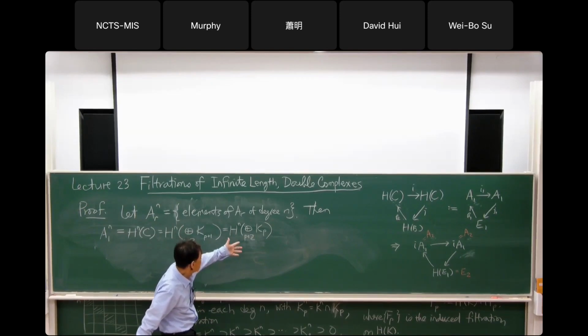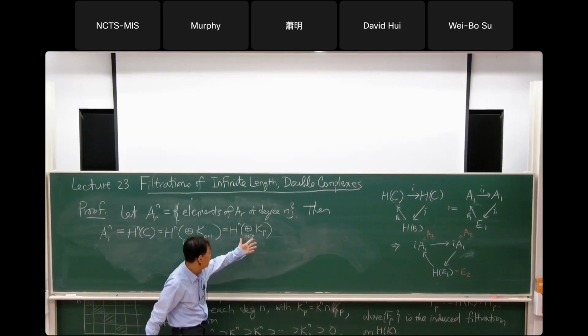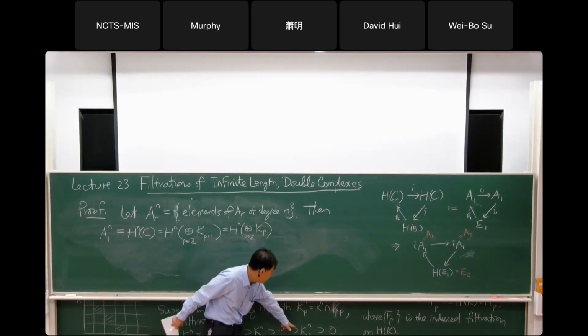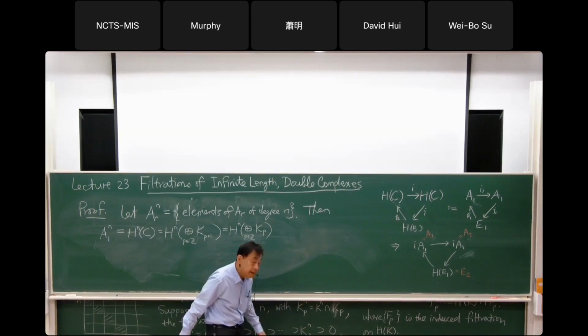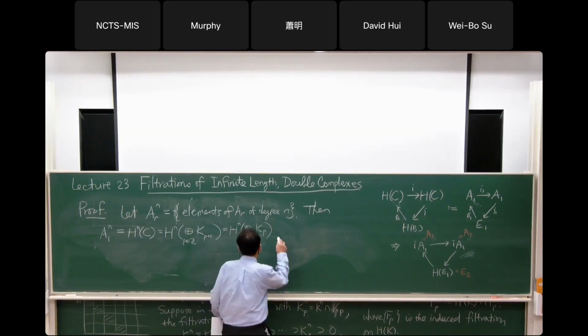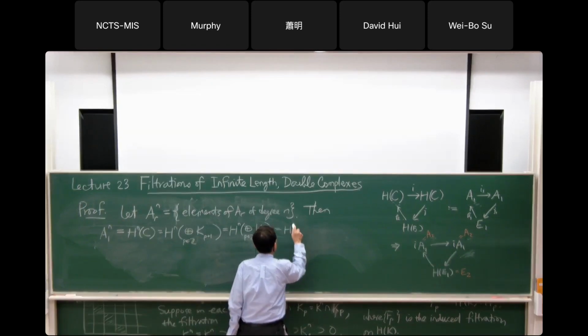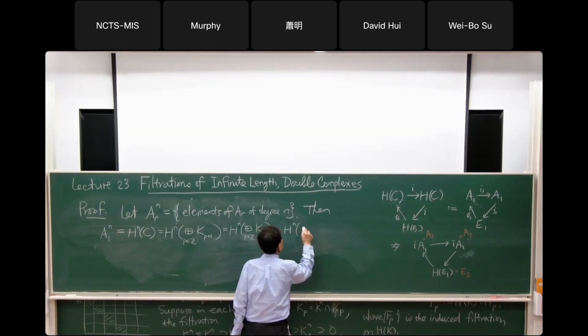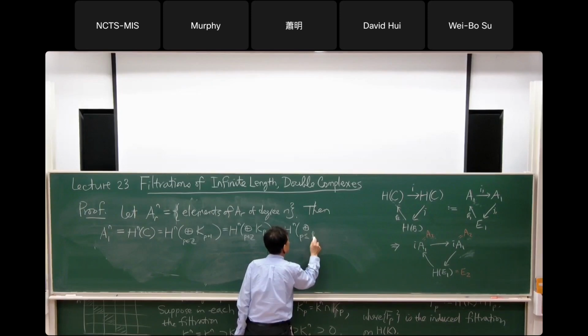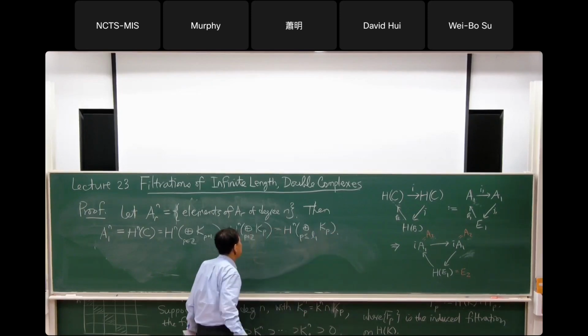After a while, all the terms will be 0. So actually, this only goes up to K^{L1}, the sum over p less than or equal to L1 of K^p, okay?